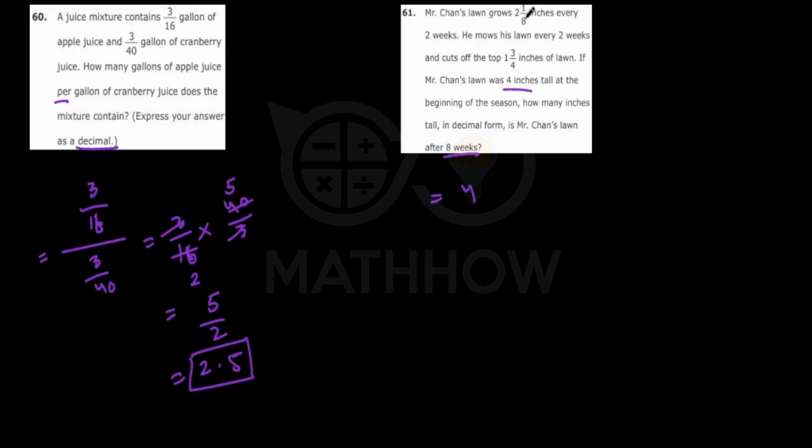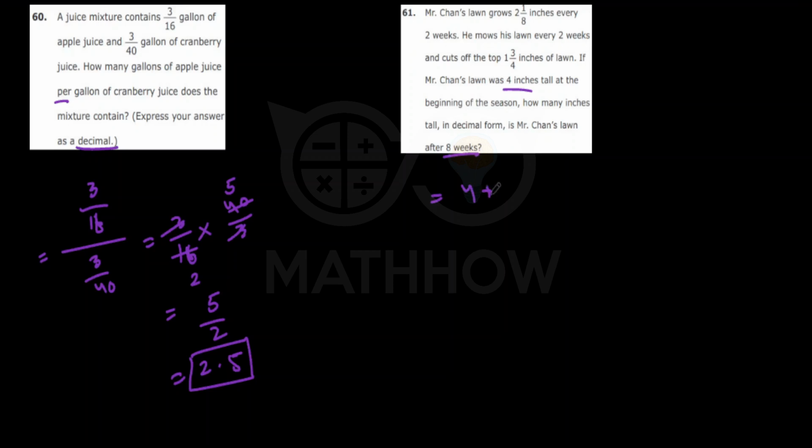It grows 2 and 1 over 8 inches every 2 weeks. So, how many 2 weeks are in 8 weeks? 4. So, the lawn will grow 4 times.